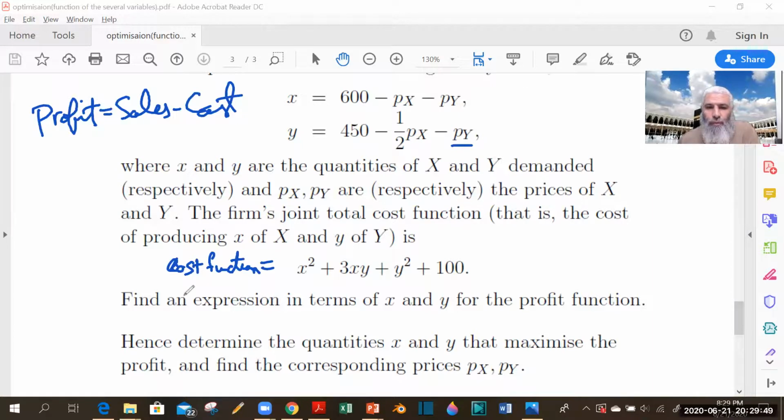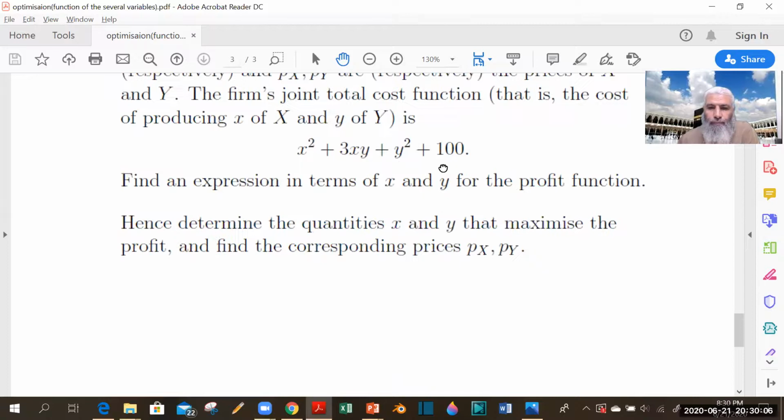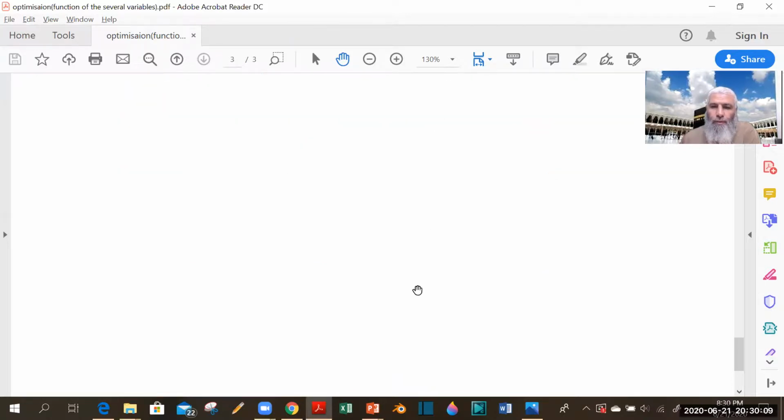We'll see now. Find an expression. Hence, determine the quantities X and Y that maximize the profit and find the corresponding prices Px and Py. This is the last thing.